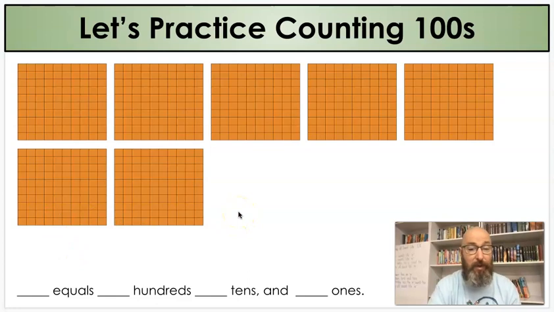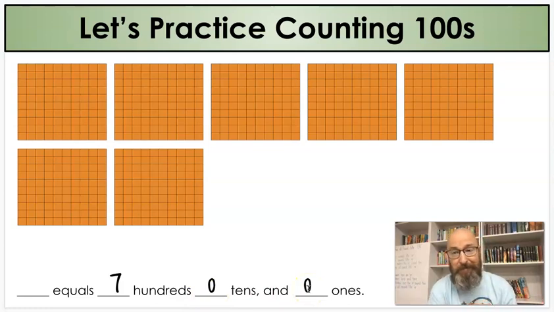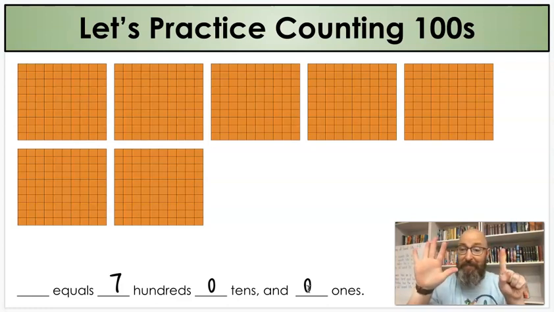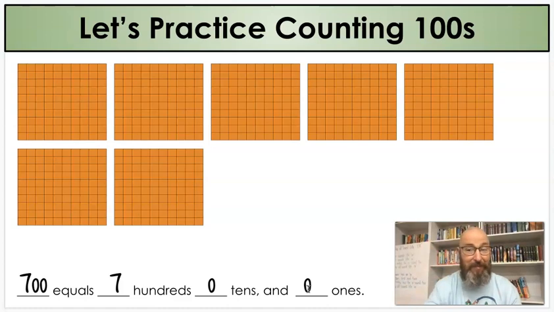Again, no tens, no ones. So I have 7 hundreds. No tens, no ones. How much is 7 hundreds worth? Count with me again. 100, 200. Did you say 700? If so, I think you got it.